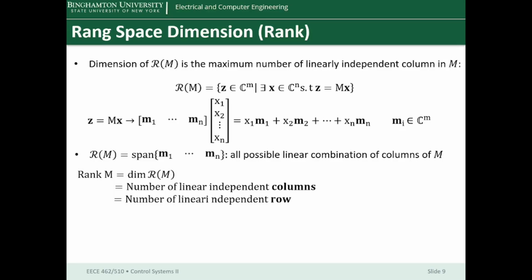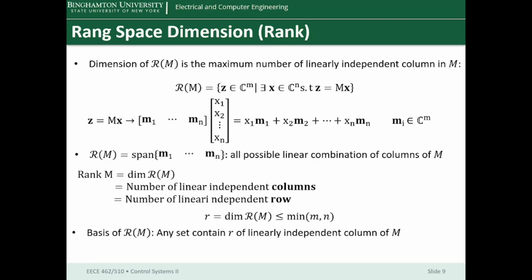So we can equivalently define rank in both ways. So if the dimension of the range space is r, it should be less than or equal to the minimum of the dimensions of the domain and codomain of matrix M. Hence, any collection of r linearly independent columns of M forms a valid basis for the range space of M.